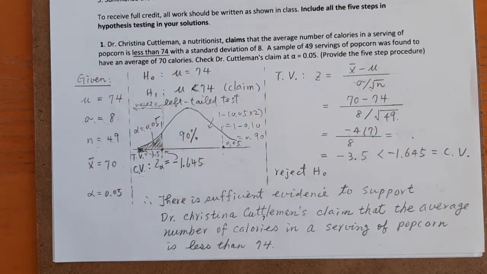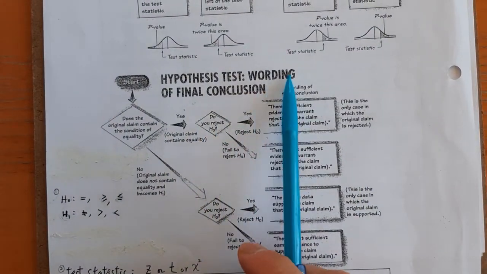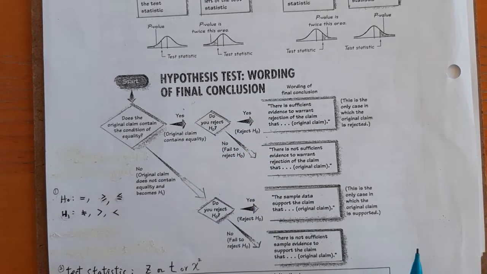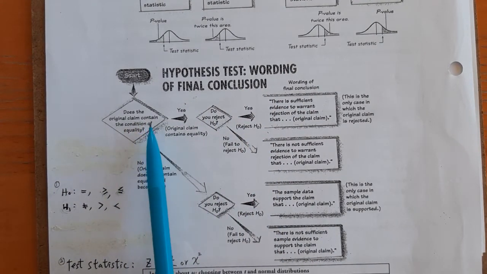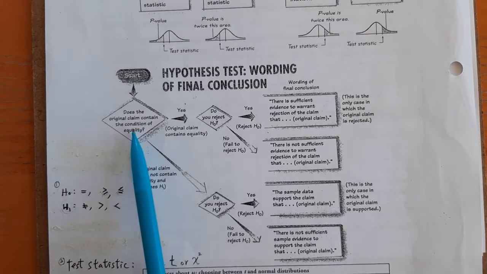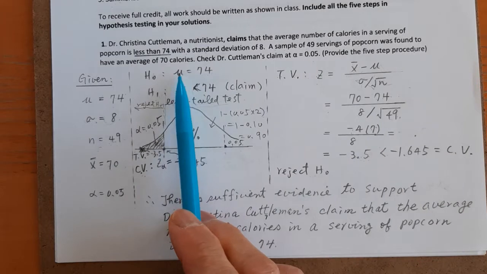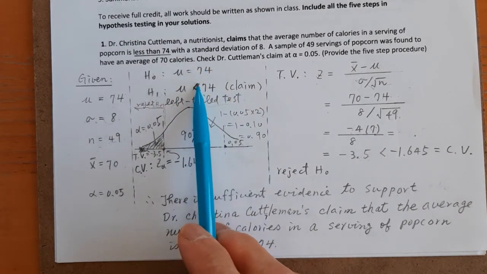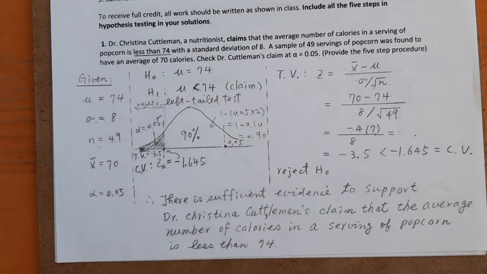First of all, I will show you this table: hypothesis test, wording of final conclusions. First of all, does the original claim contain the condition of equality, which is H0? If the original claim is not H0, it is H1.